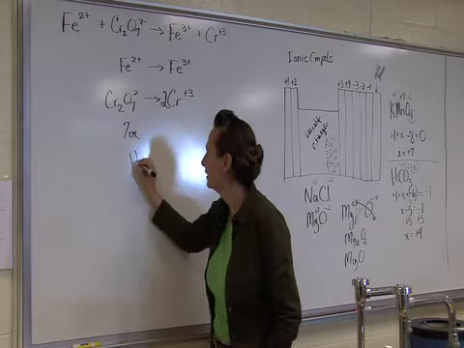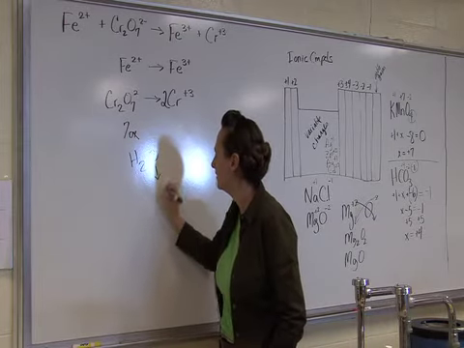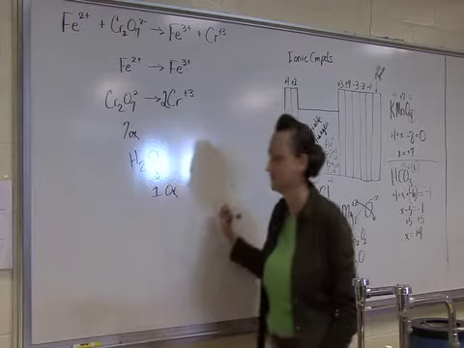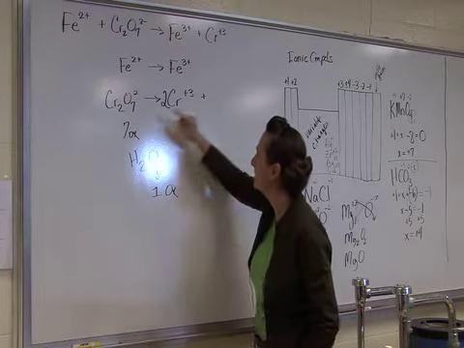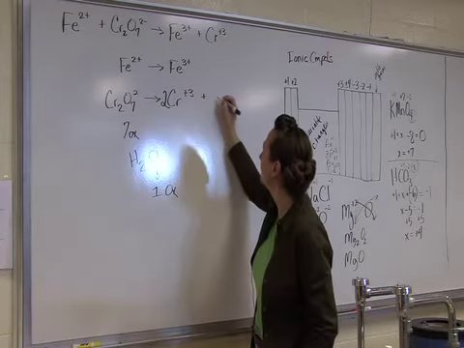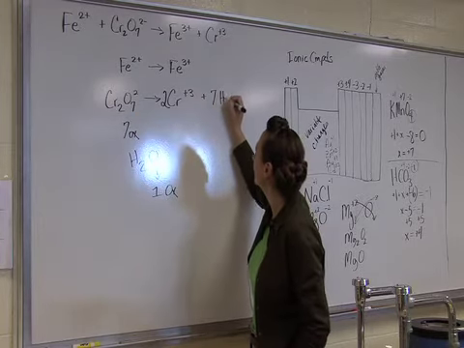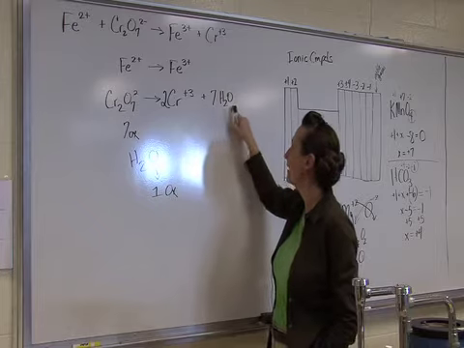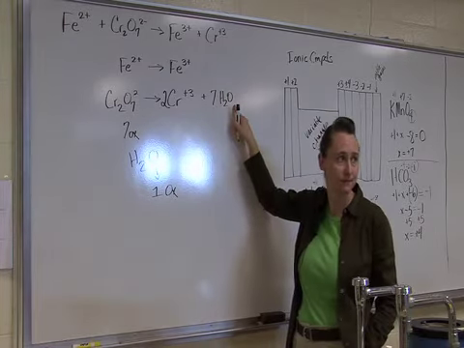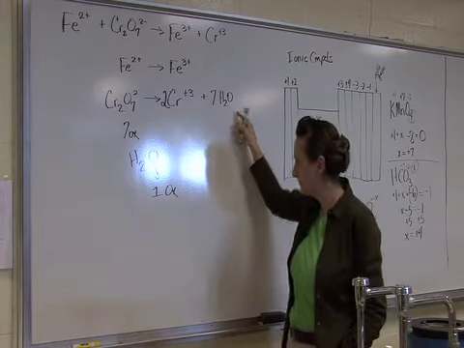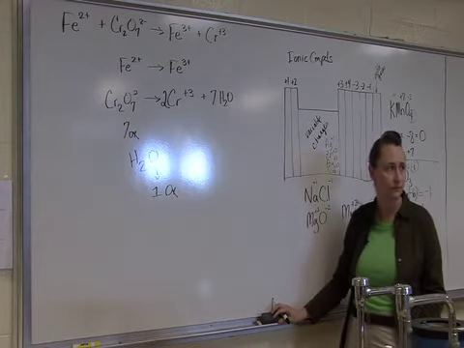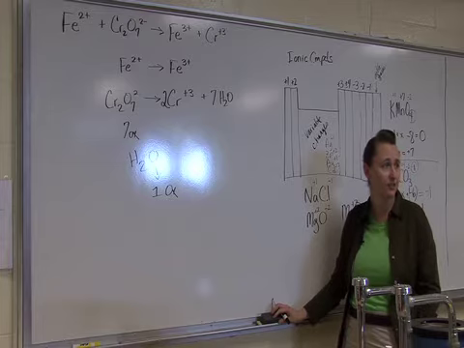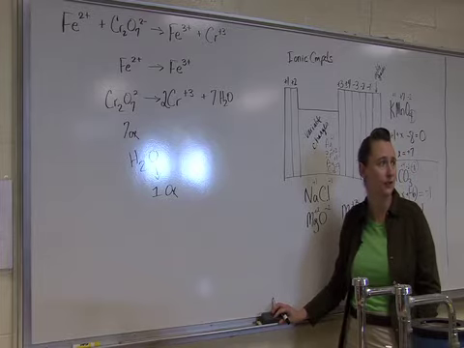And water has 1 oxygen. So, in order to get these 7 oxygens balanced, I need 7 waters. So now I have 7 oxygens. And again, I didn't have any oxygens in the first reaction, so there was no need to add any water.